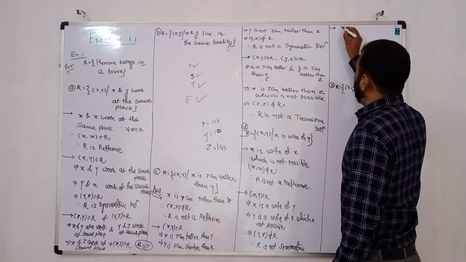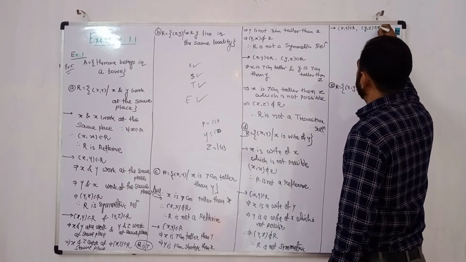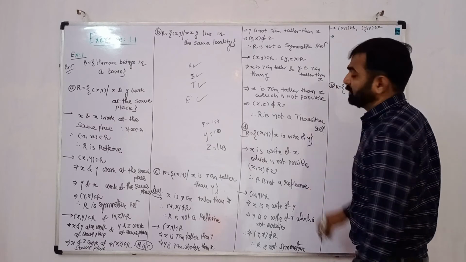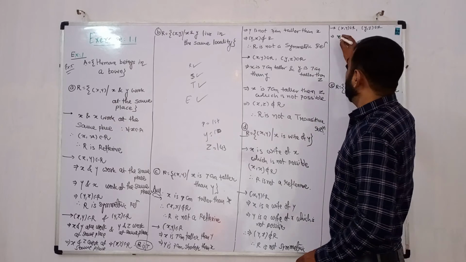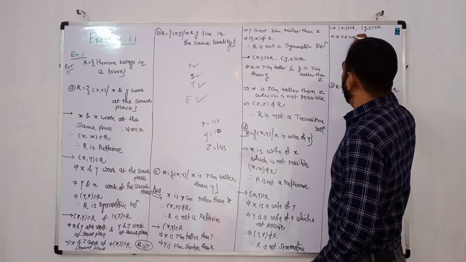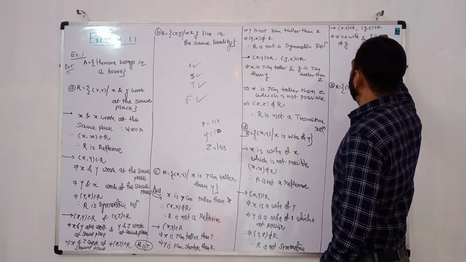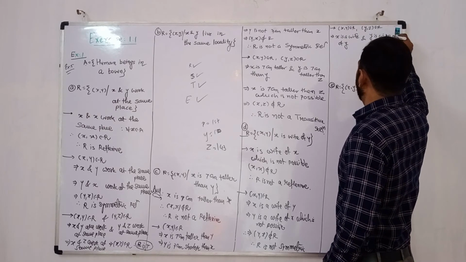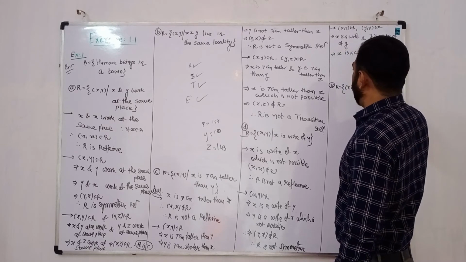वैसे ही now for transitive, x y belongs to R, y z belongs to R. What is the meaning of x y belongs to R? So x is a wife of y, and y is the wife of z. Is that x is the wife of z?